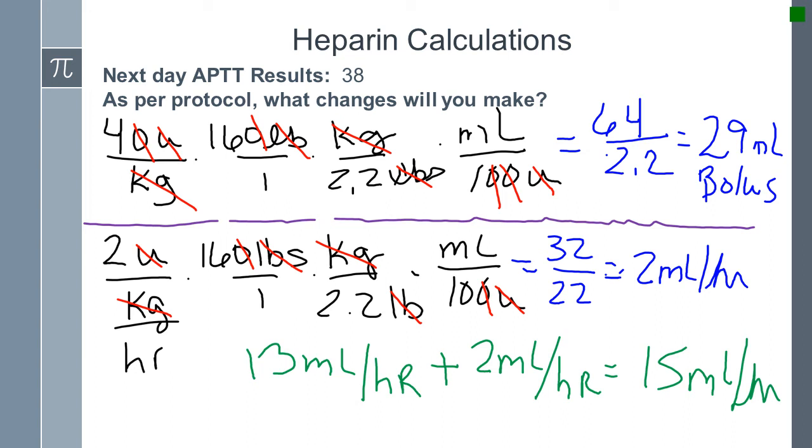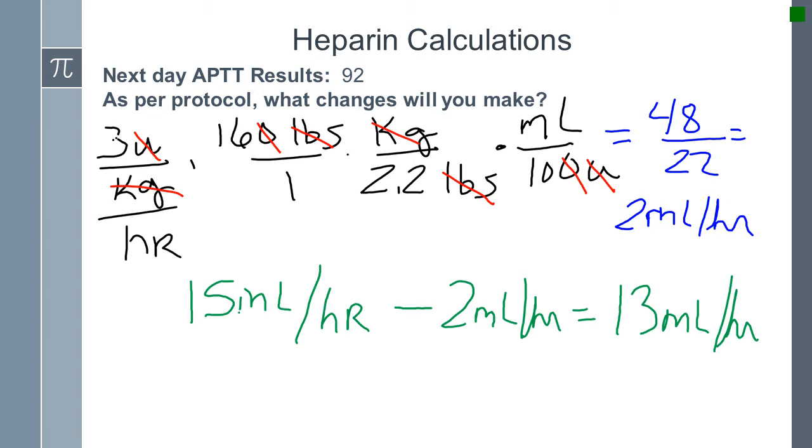And so now we need to add the 2 milliliters per hour. So we're going to increase to 15 milliliters per hour. So we're going to bolus with 29 mils, and then we're going to increase to 15 mils an hour.